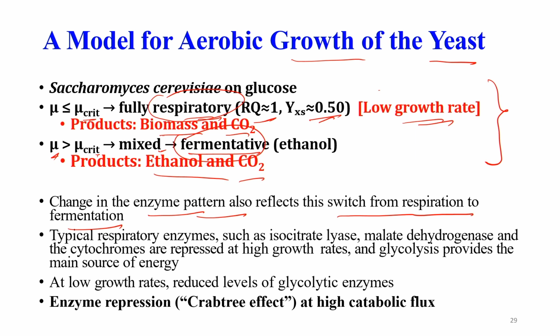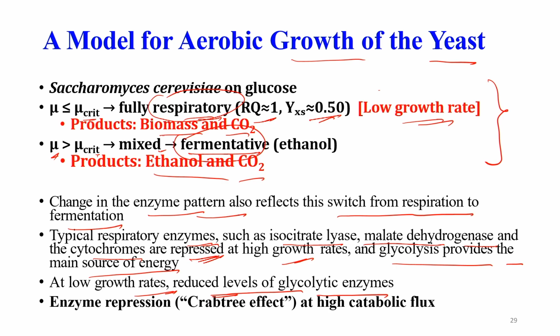Now, typically the respiratory enzymes such as isocitrate lyase, malate dehydrogenase and cytochromes are repressed at high growth rate, and here glycolysis provides the main source of energy. Now, at the low growth rate we see reduced levels of glycolytic enzymes.